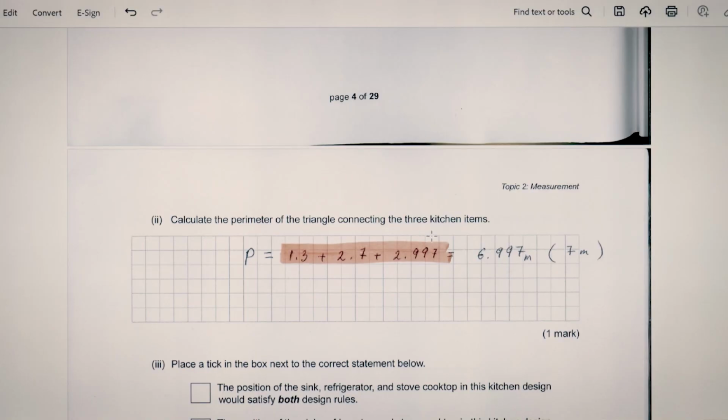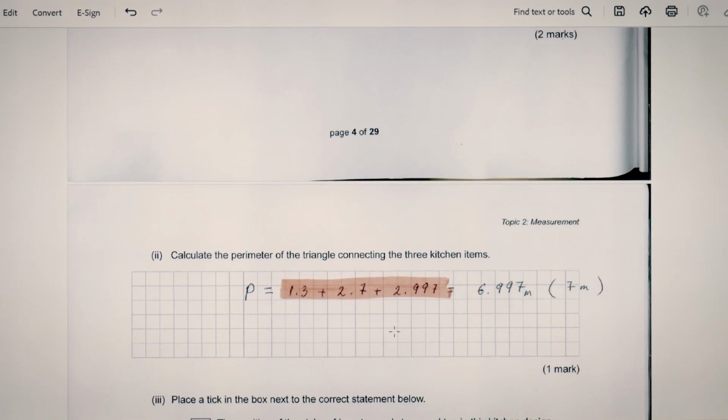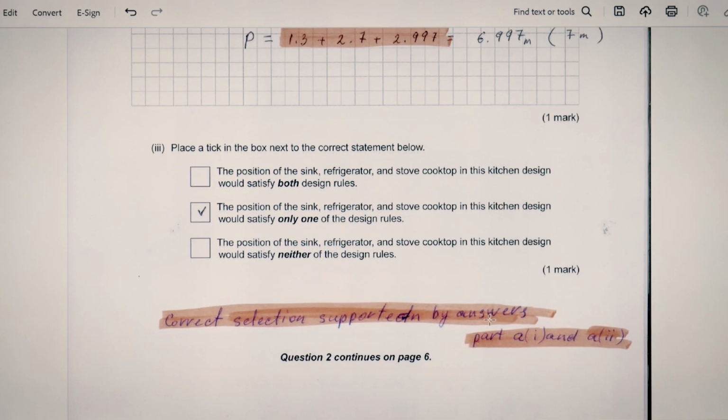Continuing with that question, then they ask you to calculate the perimeter. Normally students did it correctly, and here you need to look, when marking, at the follow-up mistake. If they made a mistake here, of course their perimeter will be different, okay? But if they add all the 3, that means they've got their mark there. And then it's tick boxes.